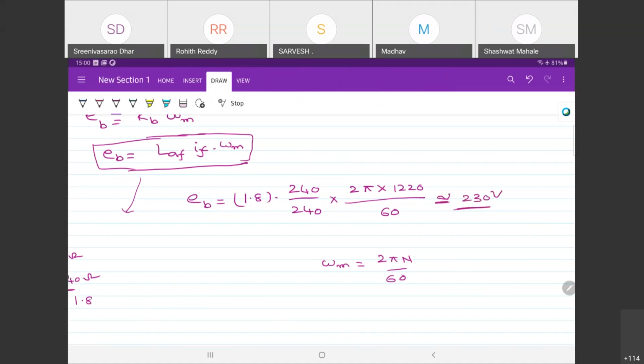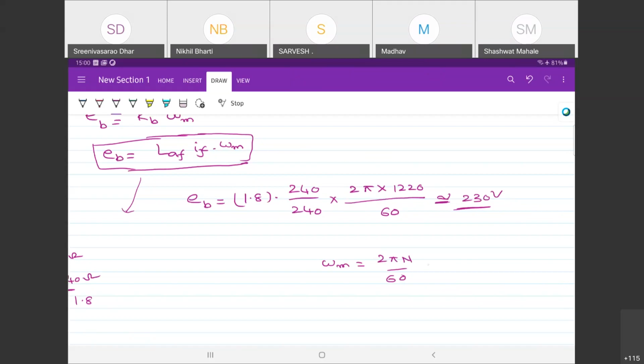Agree? Is this correct? Yes, sir. Roughly you will get 230, some 229.8 or something like that.